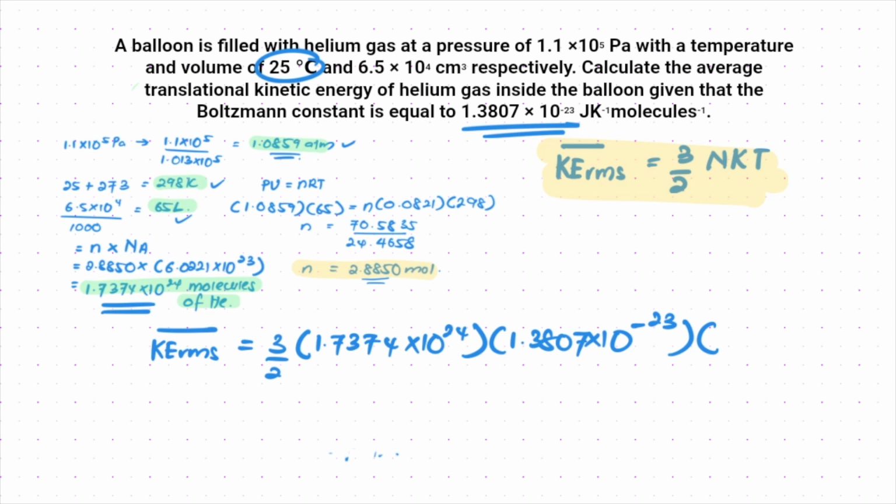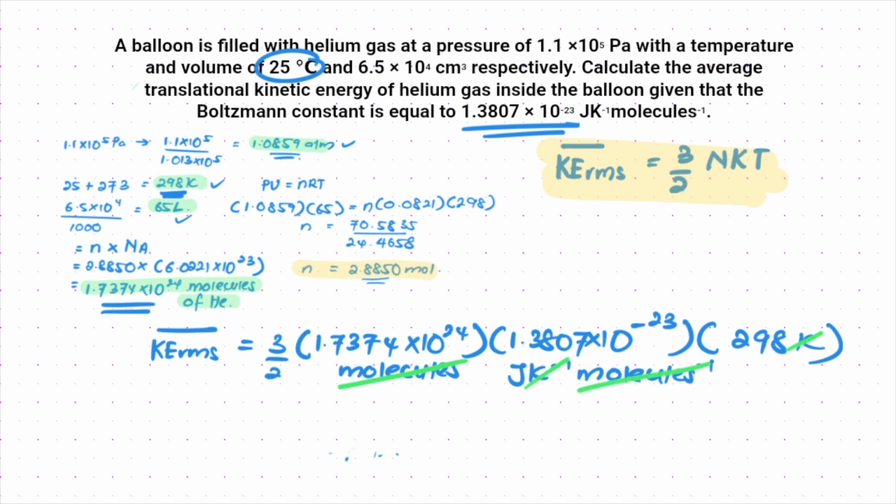Your temperature is 25 degrees Celsius, which we already converted to 298 Kelvin. The unit here is joule per Kelvin per molecule, so that one is k. Looking at this unit, molecules cancel with molecules, and Kelvin cancels with Kelvin.